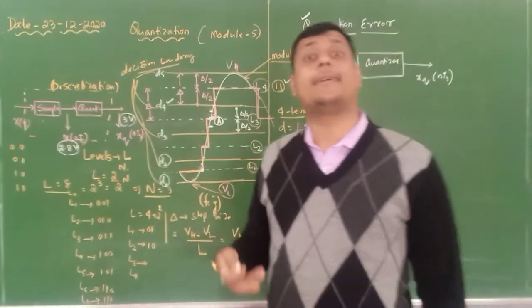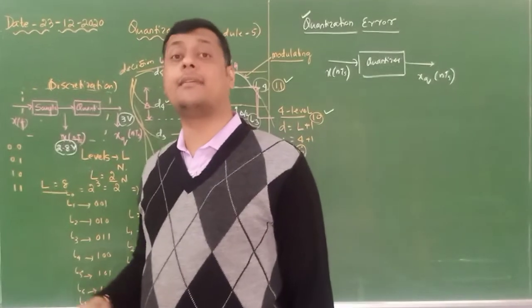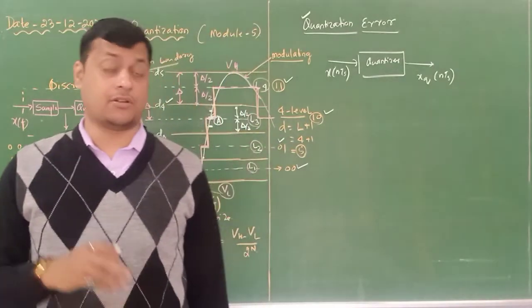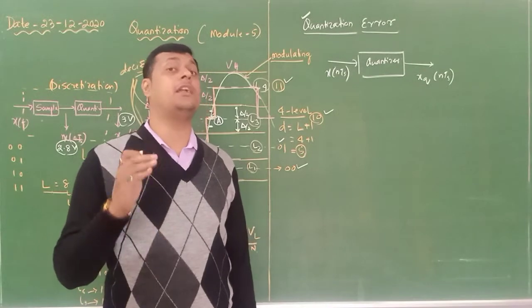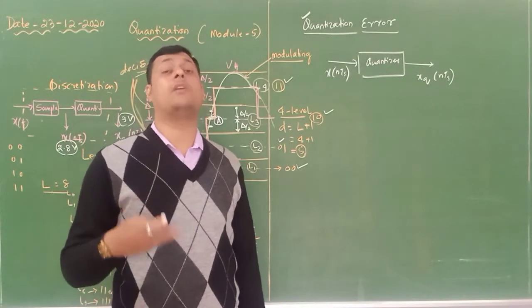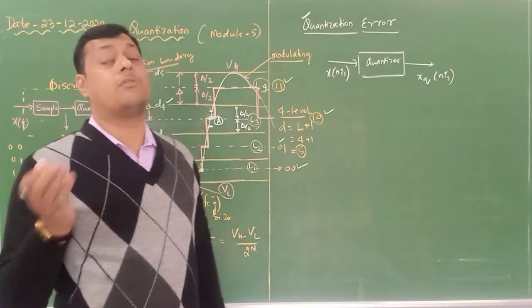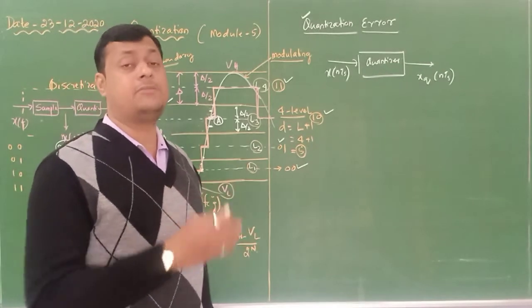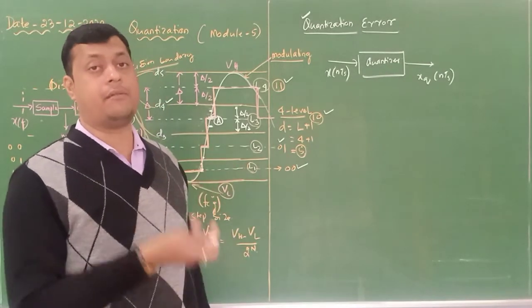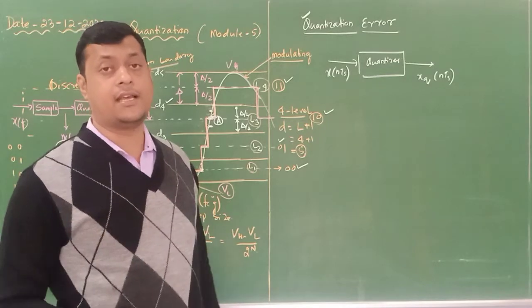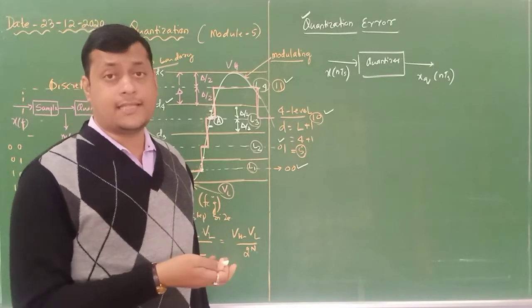So this is called an error, and this error contributes to the noise, because the quantizer is also contributing some sort of noise, and we need to calculate SQNR, signal to quantization noise ratio, as we have calculated SNR for different cases like AM, FM, DSB-SC, SSB-SC, PM and all these things.